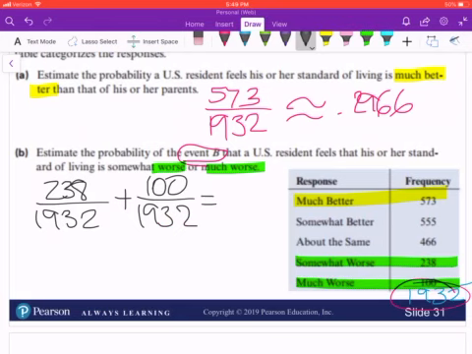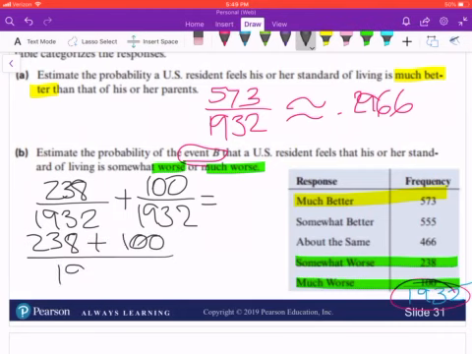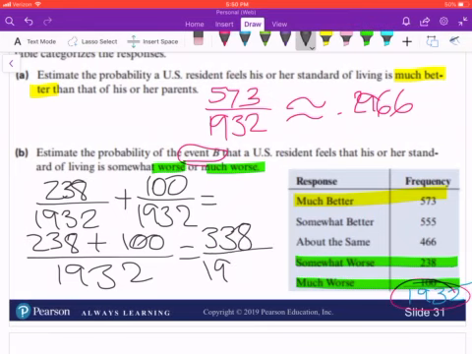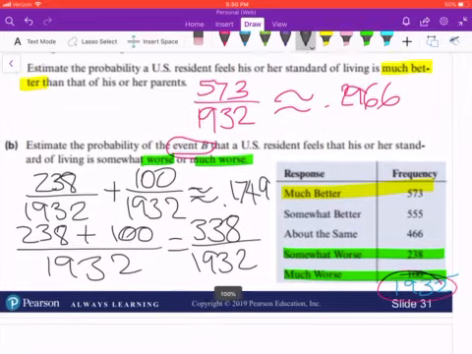And of course, you could also write both fractions under the same line. And so we will get 338 divided by 1932. And so that will be approximately 0.1749. And this concludes the video.